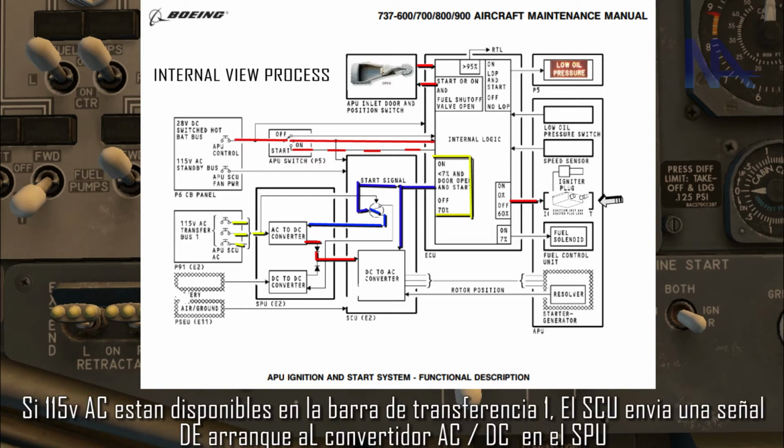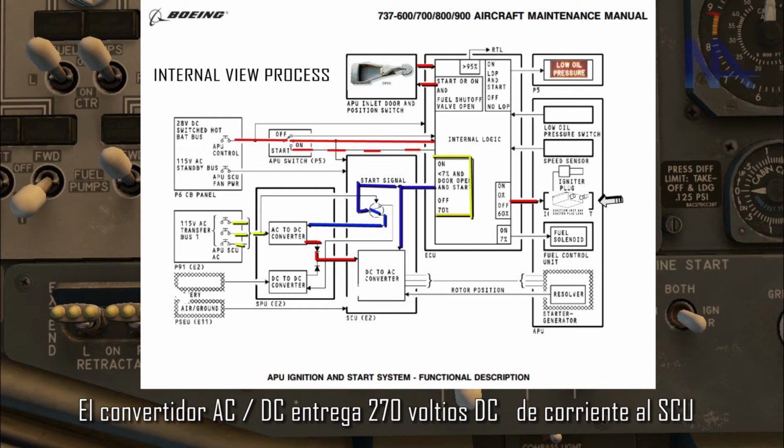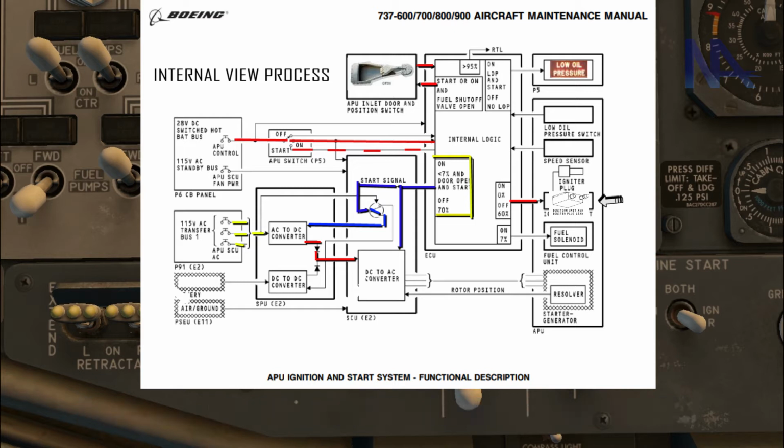If 115 volts AC is available on transfer bus 1, the SCU sends a start signal to the AC to DC converter in the SPU. The AC to DC converter gives 270 volts DC power to the SCU.